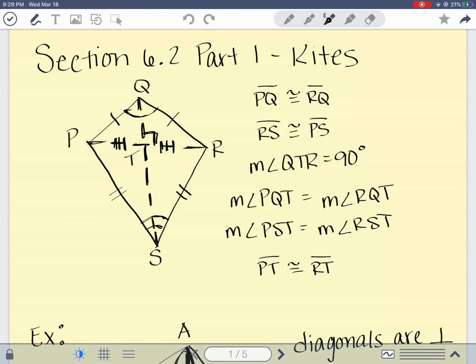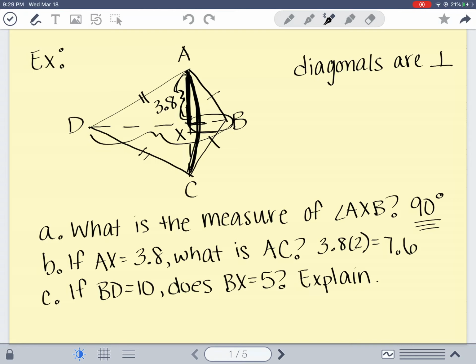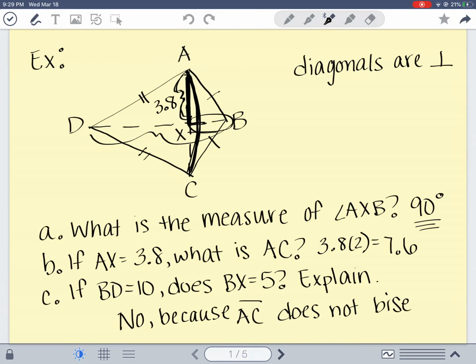Our longer diagonal bisects the shorter diagonal, but not the other way around. So no, because segment AC does not bisect segment DB.